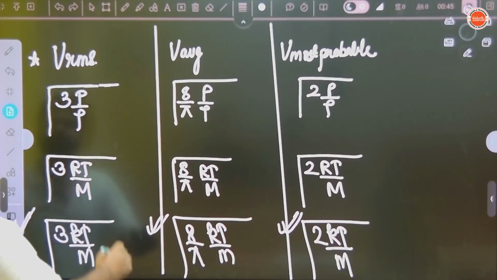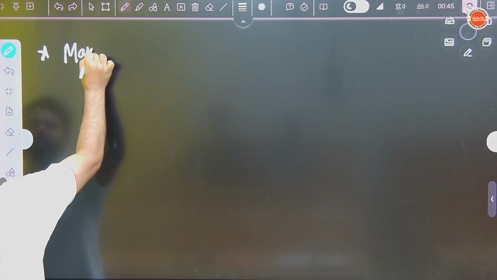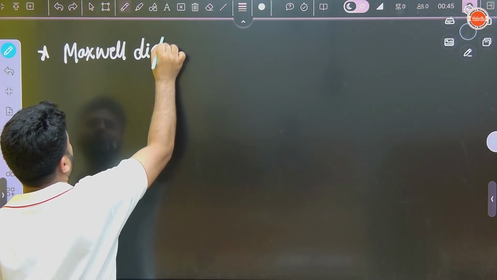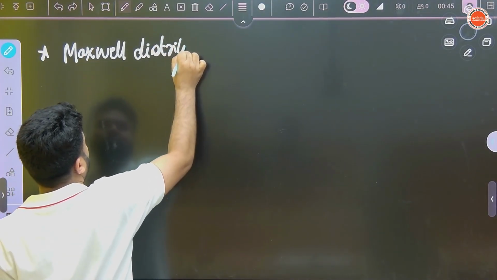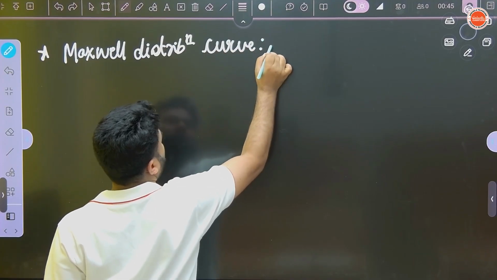Then we have the Maxwell distribution curve. What is this?